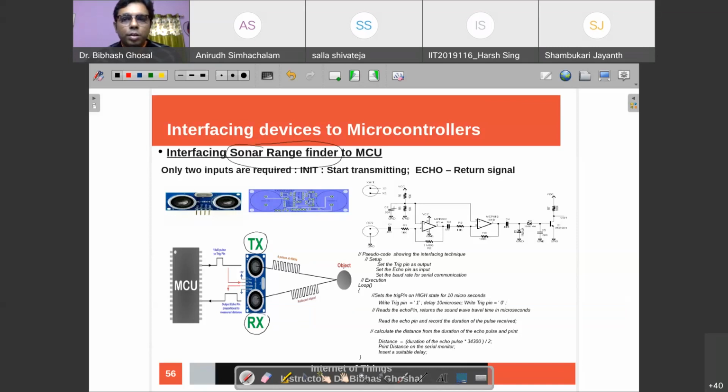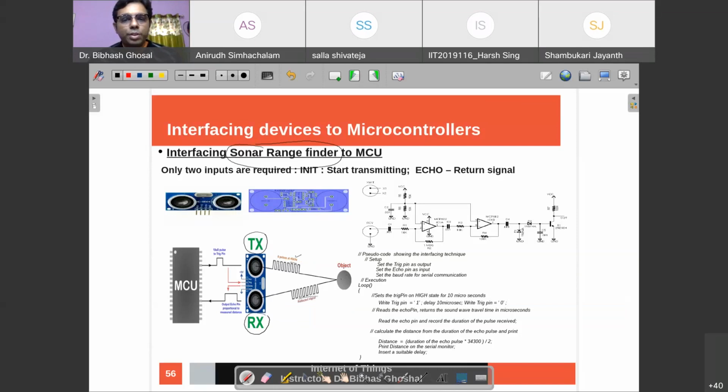So what happens is the transmitter generates some pulses at a particular frequency, 40 kilohertz, 8 pulses. And this pulse is sent. If there is an object, this pulse hits the object and gets reflected.